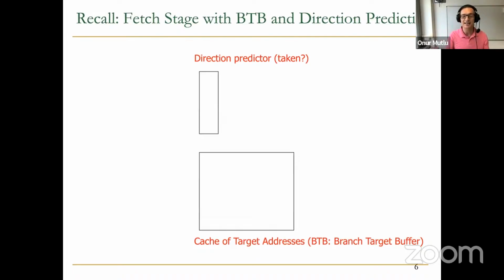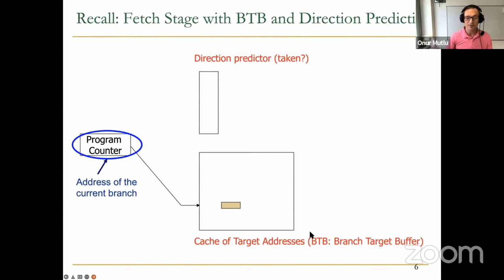If the direction is taken, you should really jump to the target address that's calculated somehow. But you don't have time to calculate the target address because you need to do this in a single cycle, because you need to fetch the next instruction in the next cycle after you fetch the current instruction, right? So we introduced a structure called the cache of target addresses or branch target buffer, which is indexed with the program counter of the current instruction, current branch, but you don't know that.